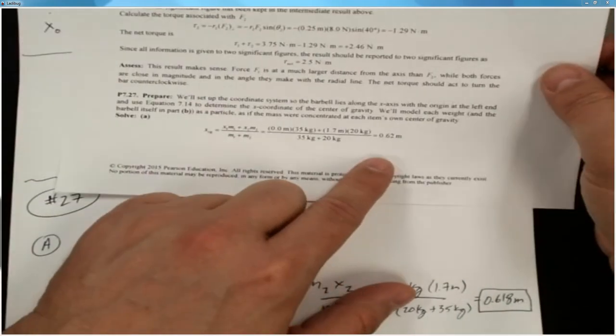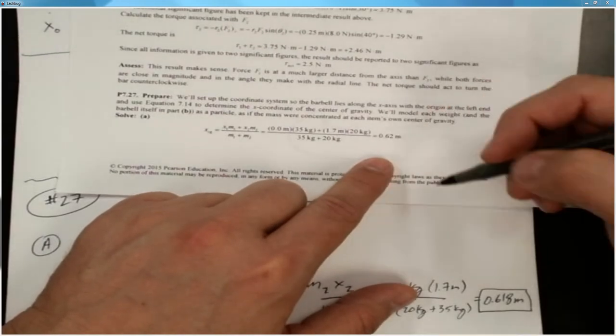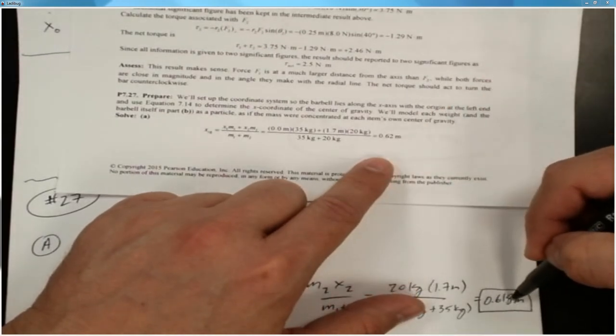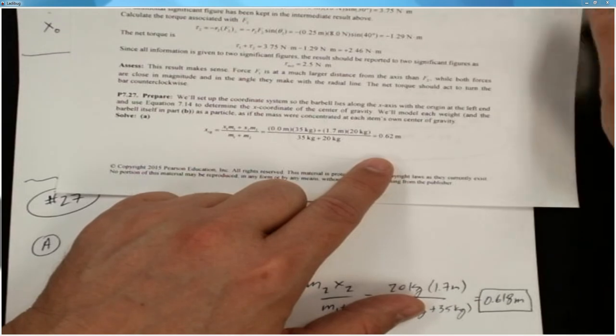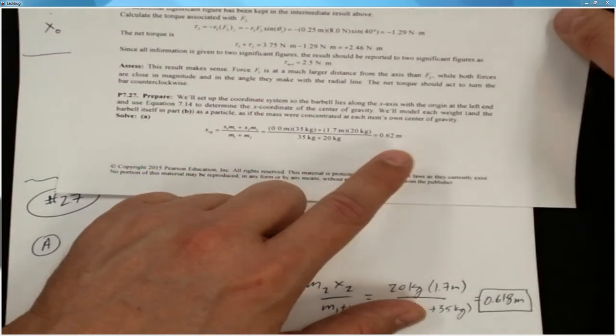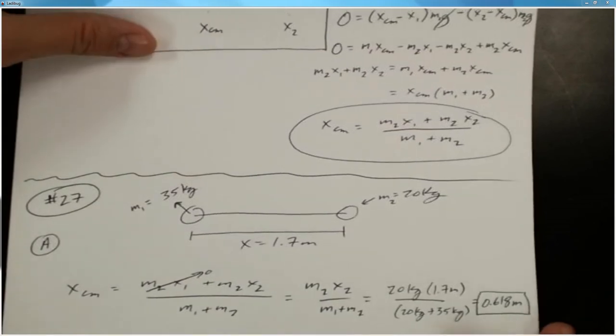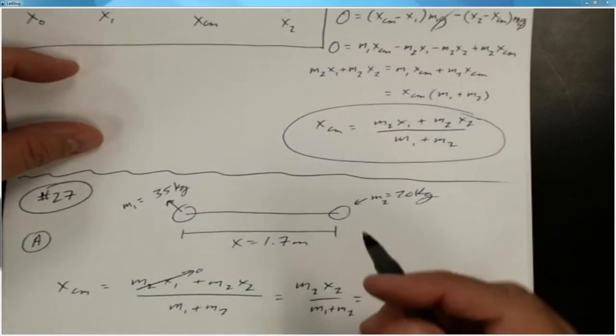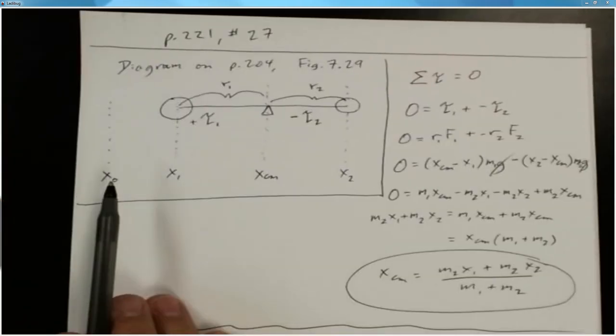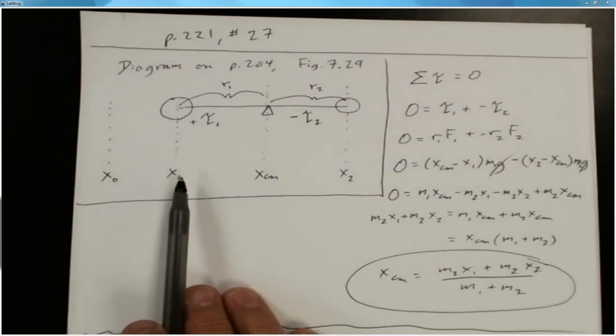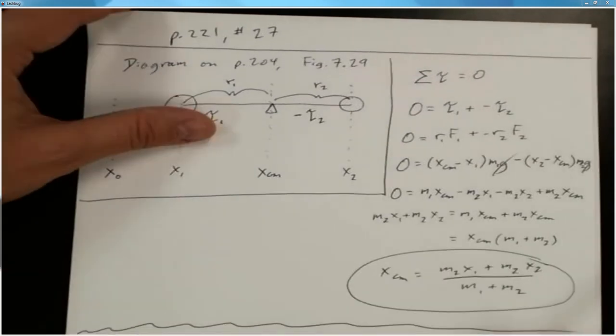So this is the answer key they give teachers. And they round a little, so I have 0.618, and they rounded it to 0.62. So good, I got the answer right there. The trick was just to move the origin over here because I can arbitrarily decide where the origin is.